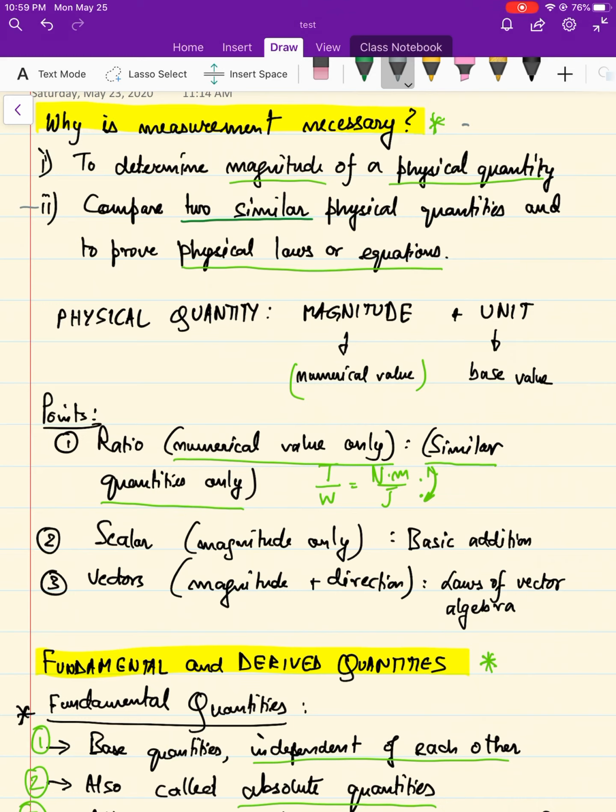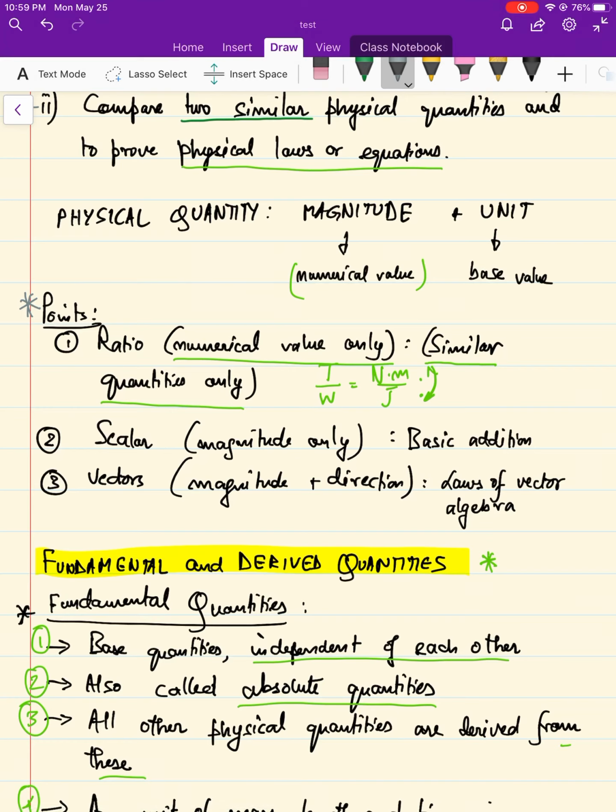A few points to consider when we are talking about units are that a ratio is a numerical value. It does not have any units, and it can only be used to compare similar quantities. For example, if I take a ratio of torque to work, I get an expression of Newton meter by joules.